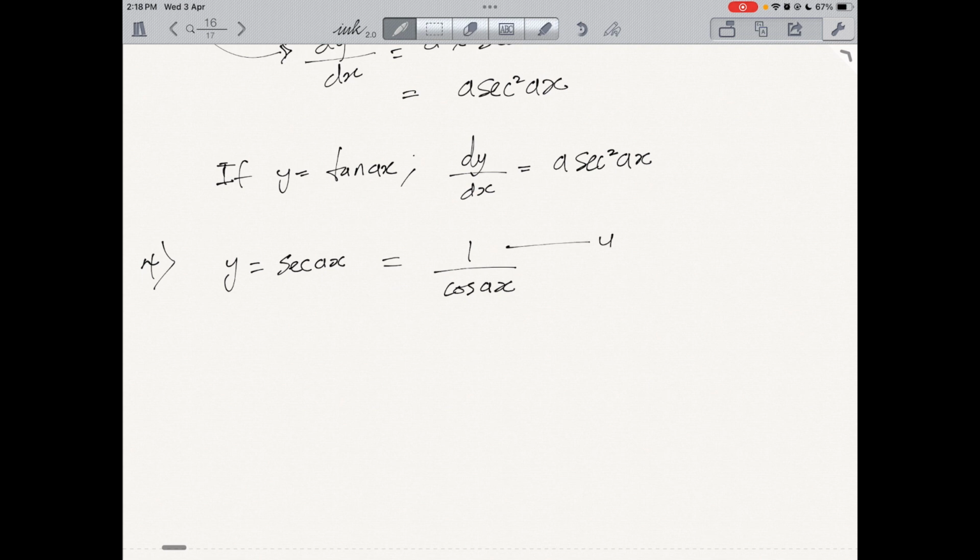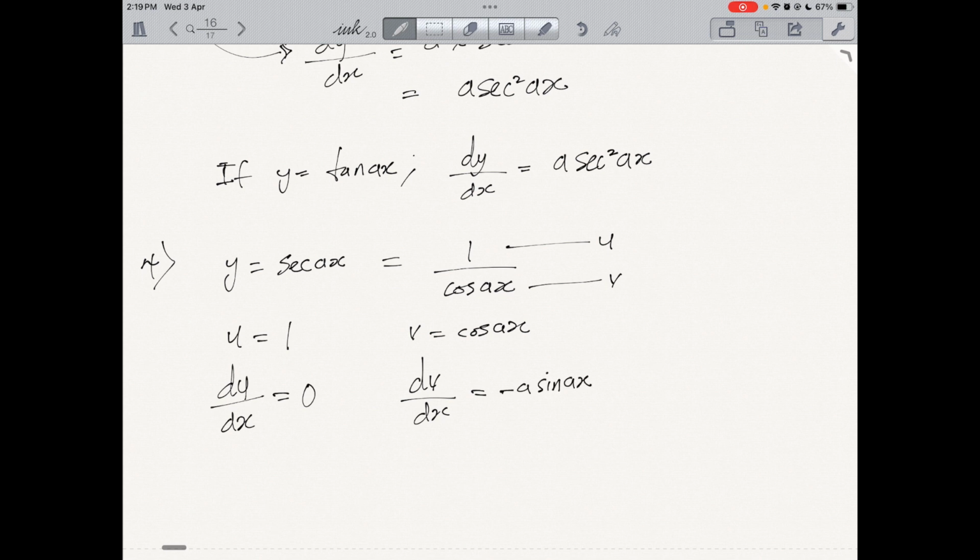So we can say this is u and this is v. So u is equal to 1 and v is equal to cos ax. Then our du/dx is 0, since differentiating a constant gives 0, and our dv/dx, once we differentiate cos ax, is minus a sin ax.